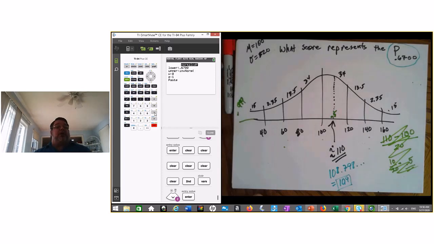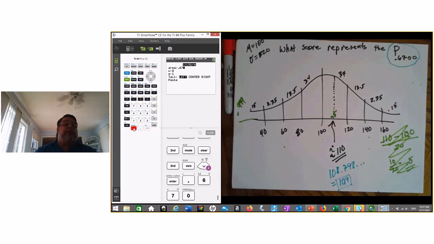Okay, that's not supposed to happen. Inverse norm is supposed to ask for your area. Second quit, clear, second bars. Is that not inverse norm right there? It's supposed to ask for your area. There. What the heck?